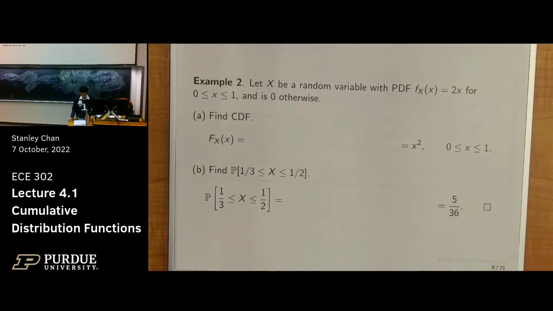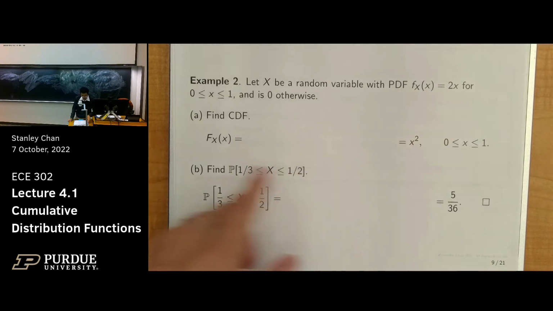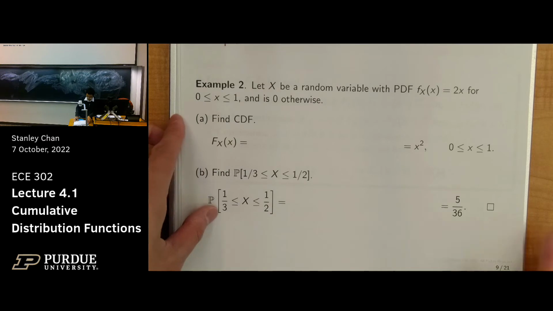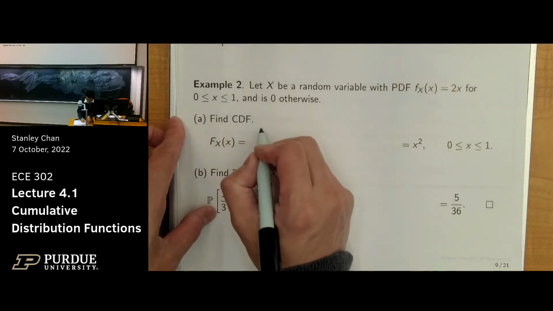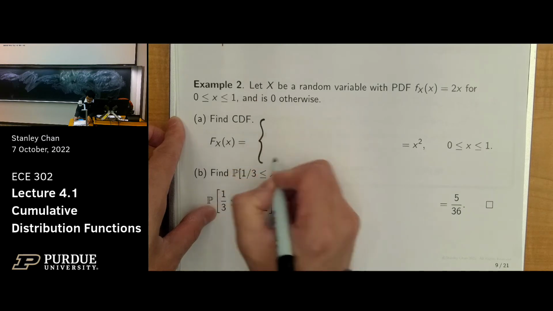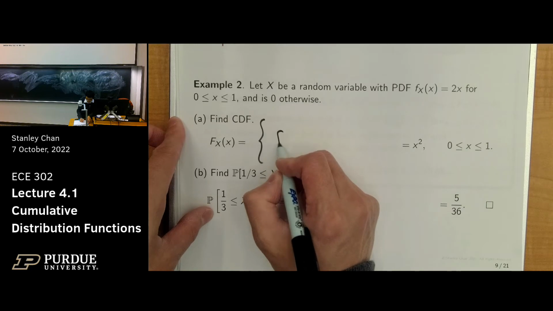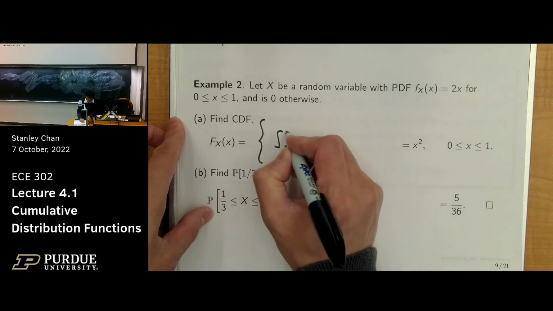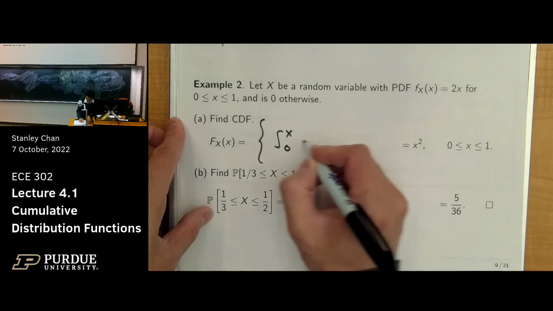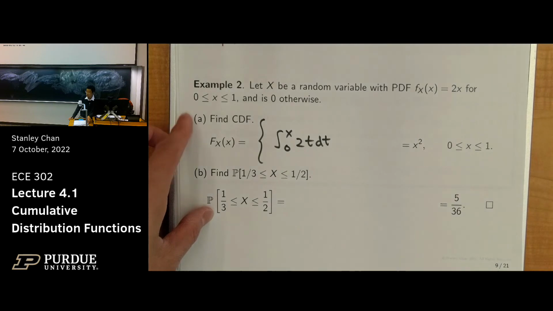Here is another example. You have this PDF, which is 2x. I want to find the CDF. So what is the CDF? You should have 3 ranges, so let's look at the middle one. The middle one will be the integration from 0 to x of my 2x. I need to change the variable to t, so it will be 2t.